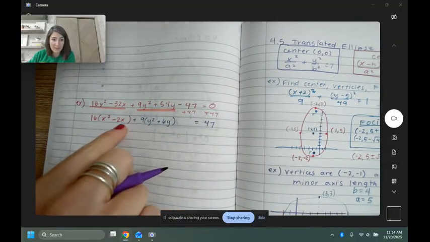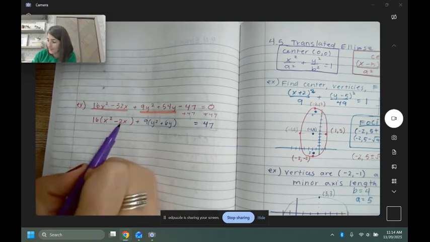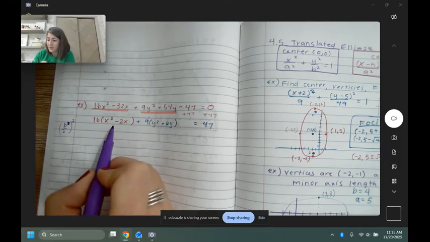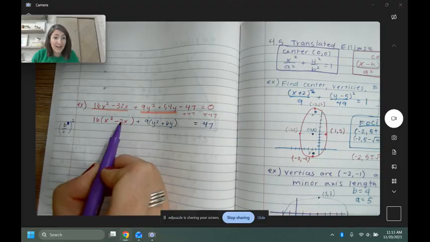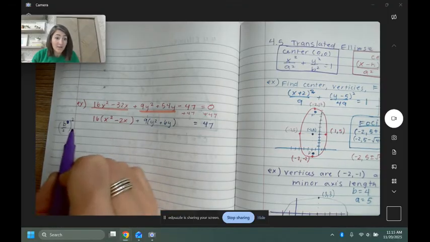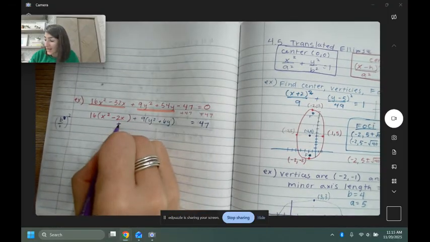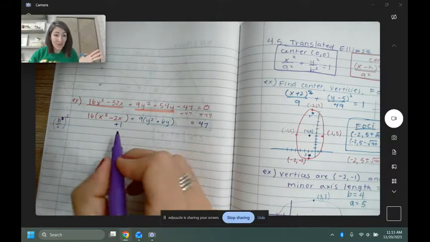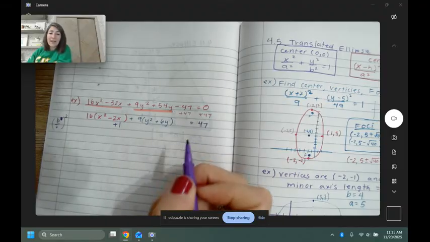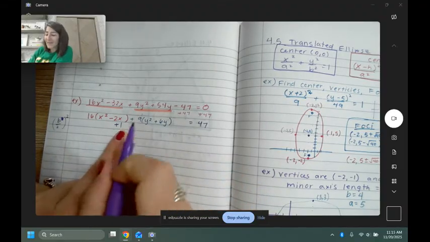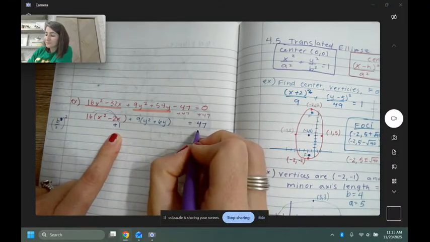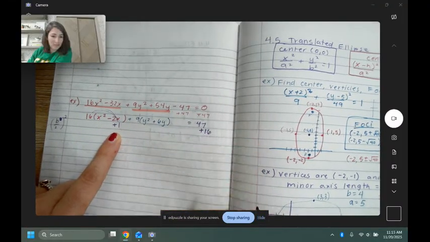Okay. Now, I want these two things to be perfect squares. So what you're going to do is take that b, remember it's b over 2 squared. So this one would be -2 over 2 is -1, squared is 1. So I want to add 1 here. And you can absolutely just add anything to an equation as long as you do it to the other side. Careful that this isn't really 1 though. It's 16. So I'm going to add 16 over here.